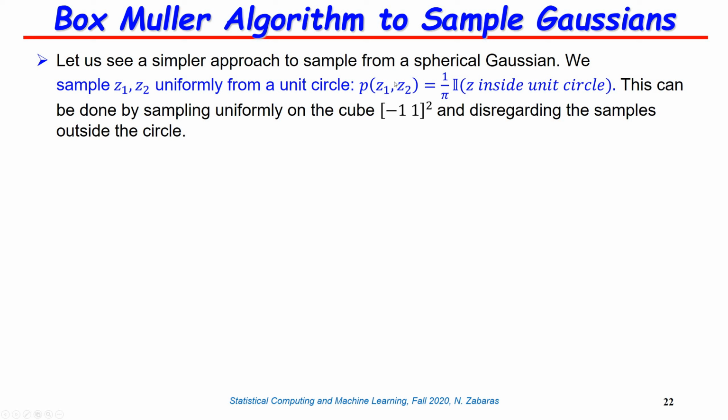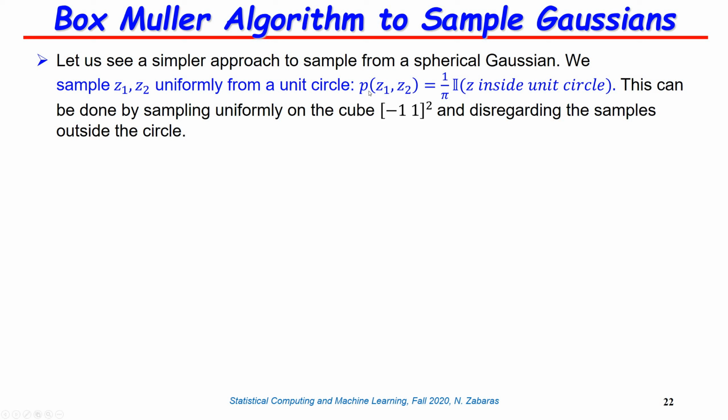So if you think of a unit circle, if you want to sample Z1 and Z2 on the unit circle, you can envision this experiment where you take samples on this box surrounding the circle, and then you count the number of samples that are inside the circle.